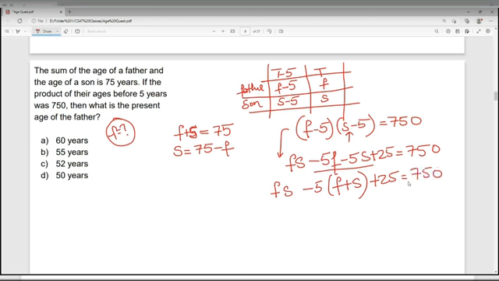And then here you can use this equation, f plus s is 75. So fs minus 5 into 75 plus 25 is equal to 750.